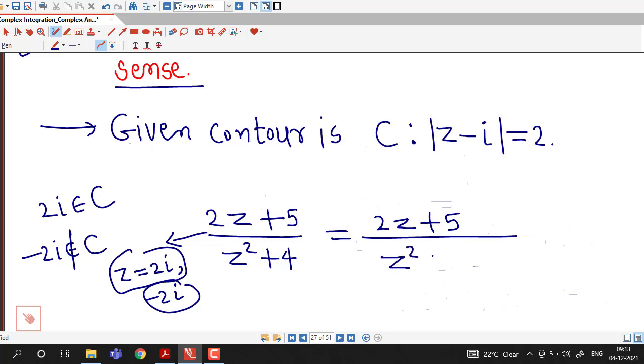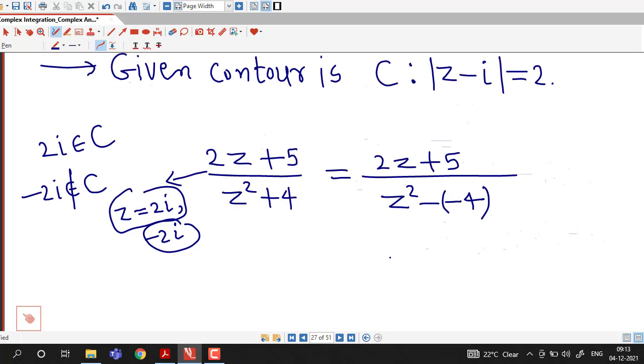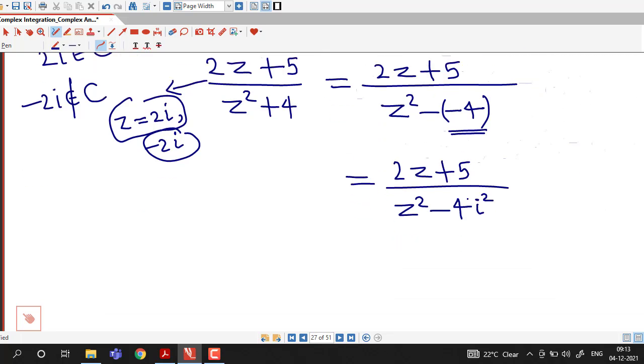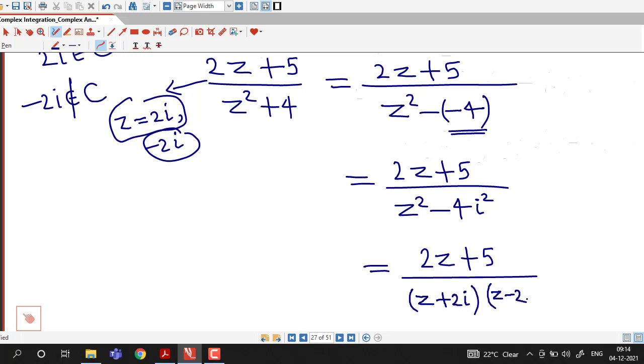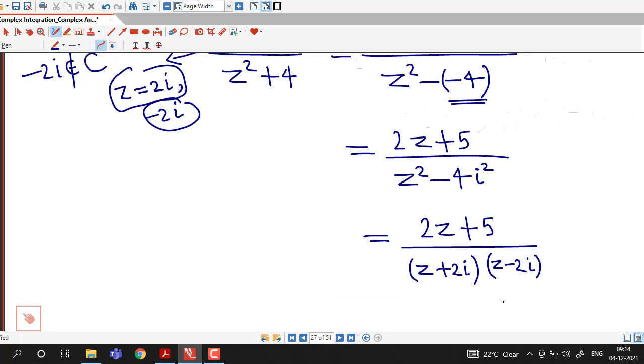We can rewrite 4 as negative of negative 4, so it equals (2z + 5)/(z² − 4i²), using the fact that i² is −1. So this is equal to (2z + 5) over (z + 2i)(z − 2i).